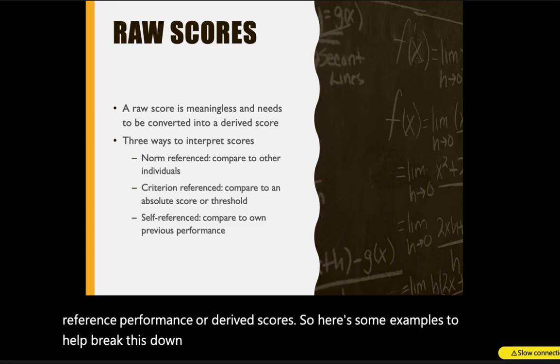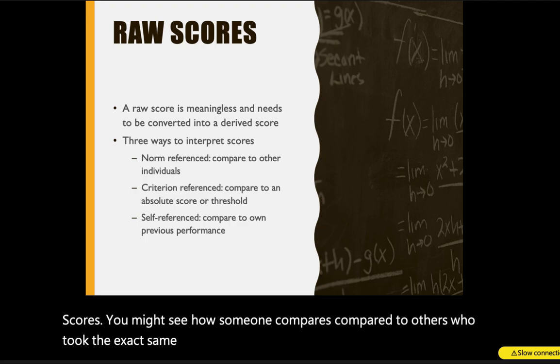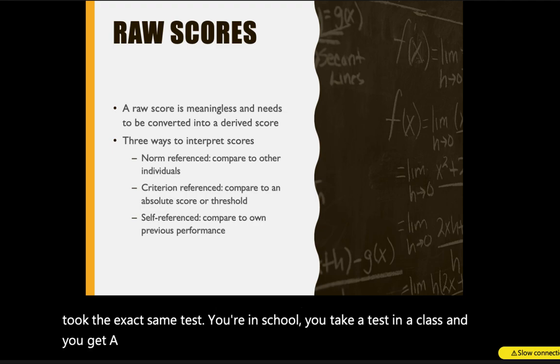So if you have someone who is looking for norm referenced scores, you might see how someone compared to others who took the exact same test. You're in school, you take a test in a class, and you get an 80. And it's not an 80%, that's just your raw score is 80.